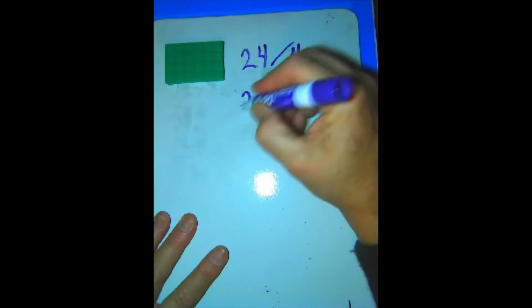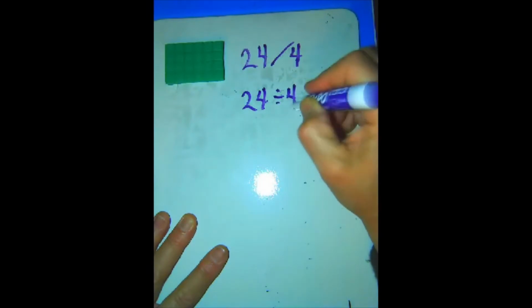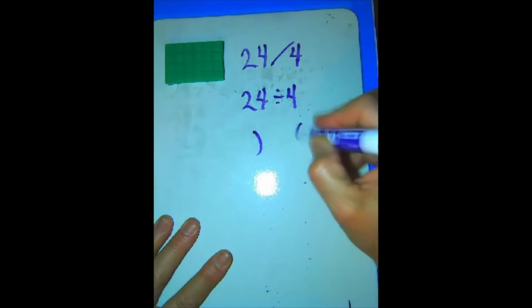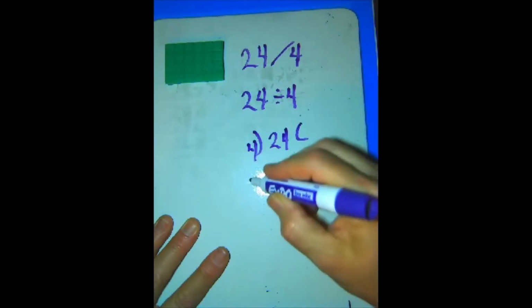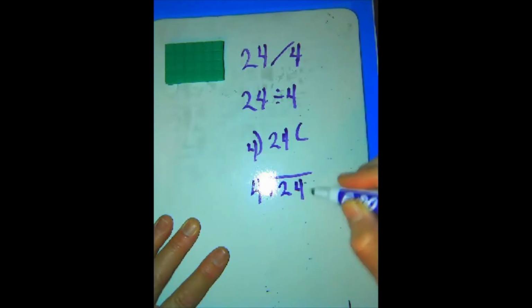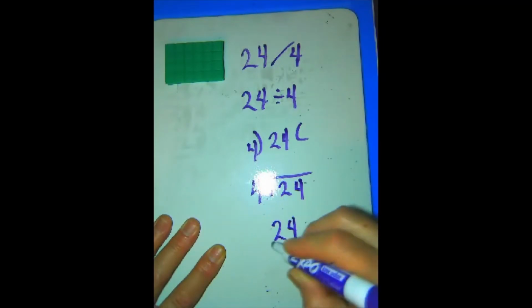Another way to say this, however, would be 24 using the old-style division sign. Yet another way of saying this would be the way Pa and Ma Kettle would have said it, like this. The way we're probably used to seeing it looks like this. And again, there's still yet another way, and that looks a lot like a fraction.